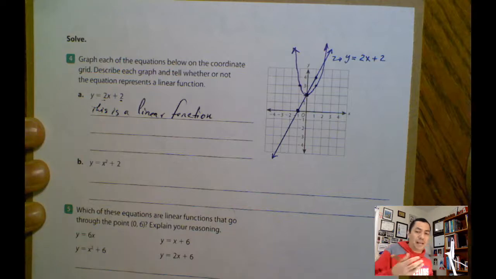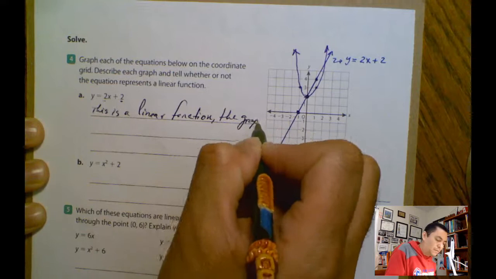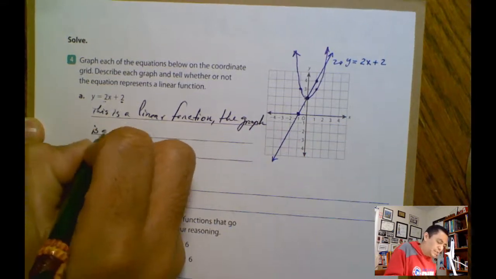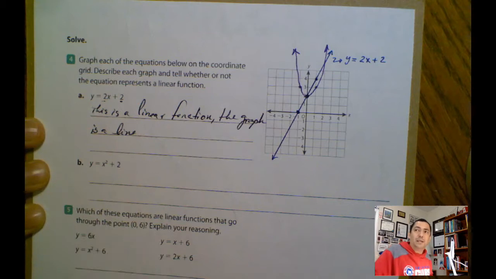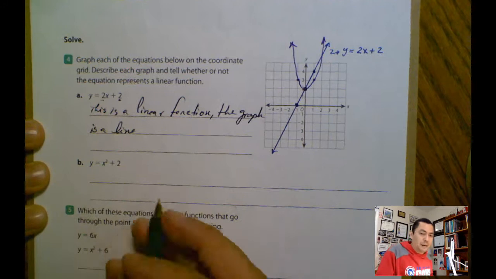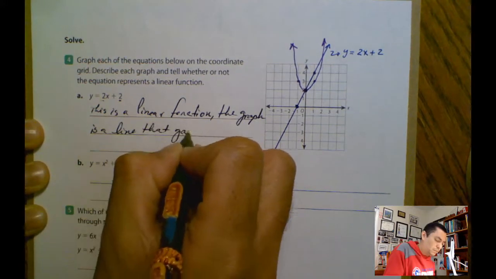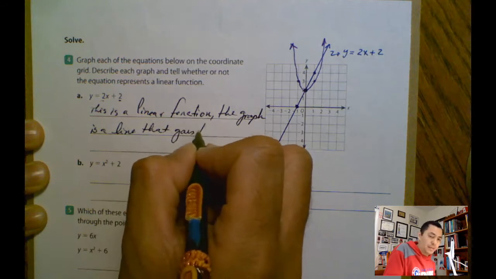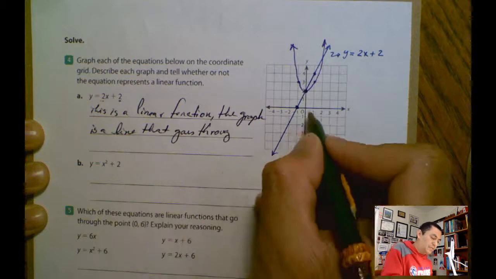The graph is a line. What else can I say? The graph is a line that goes through 0 and 2.